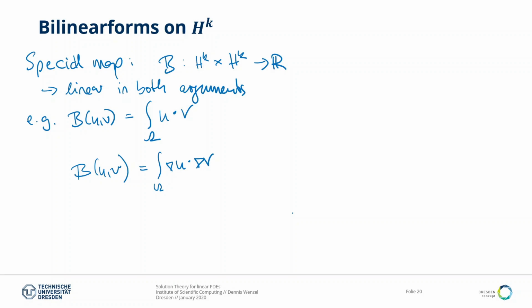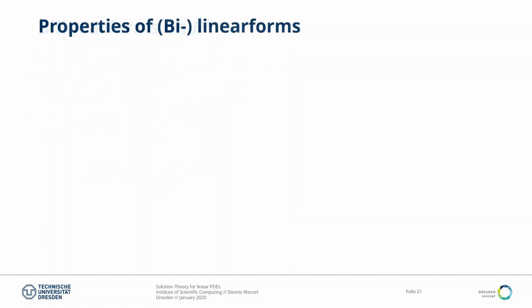And before we can use them for something more, we need to take a look at interesting properties that bilinear forms and linear forms can have. The first interesting property is that they can or should be bounded. Something being bounded is not a very complicated concept. That's something probably everyone can imagine.